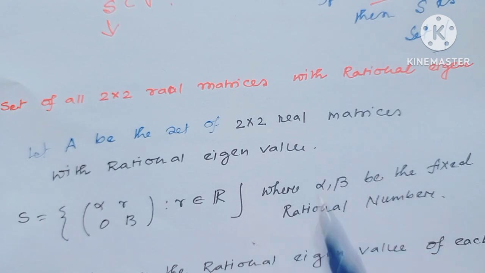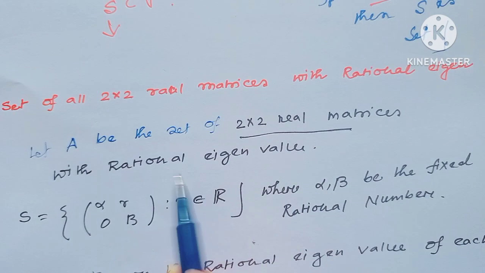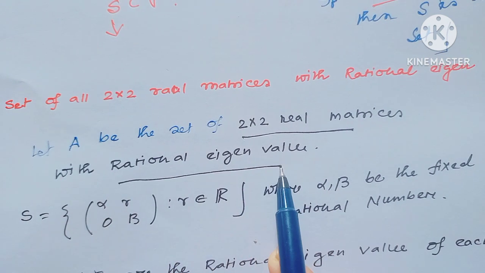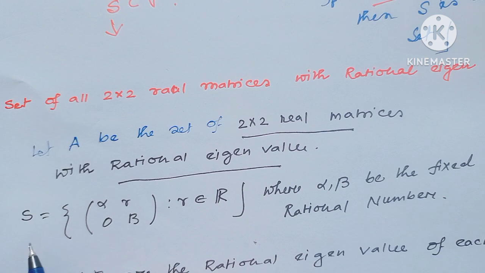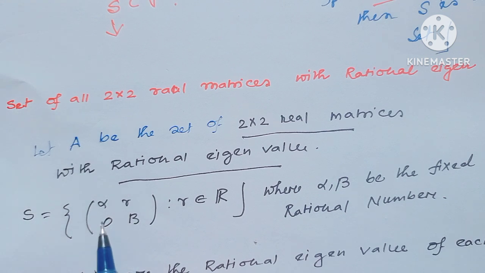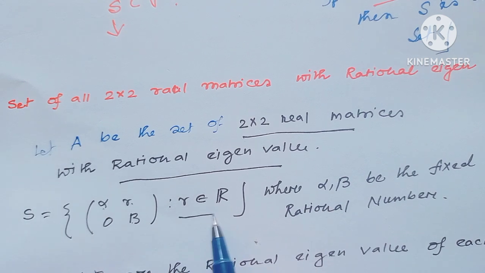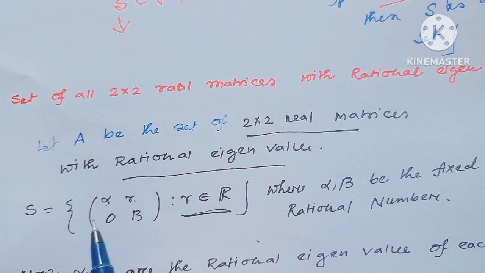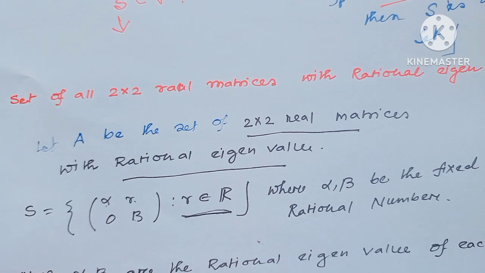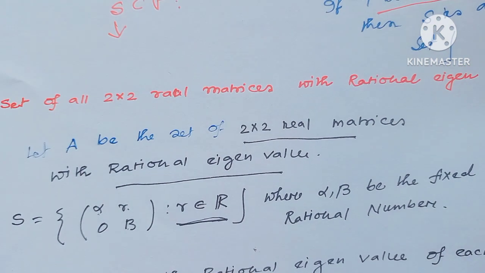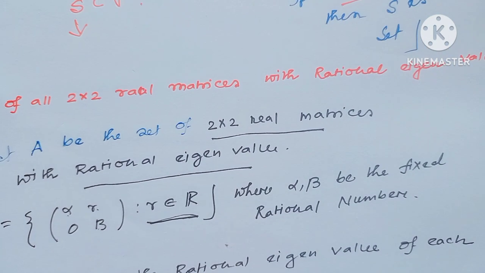Notice here 2 cross 2 real matrices, but the eigenvalues are rational. So consider S equal to those upper triangular matrices [alpha, beta; 0, r], where r belongs to R. Since these are upper triangular matrices, we all know diagonal entries are the eigenvalues, where alpha and beta are fixed rational numbers.